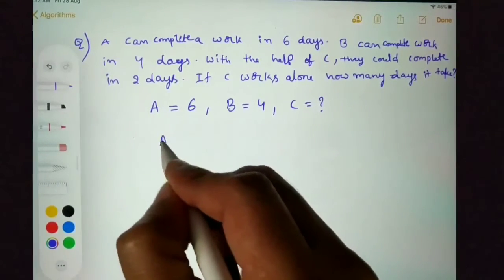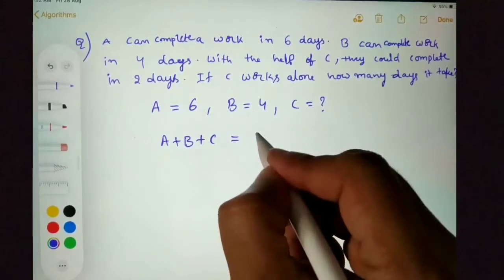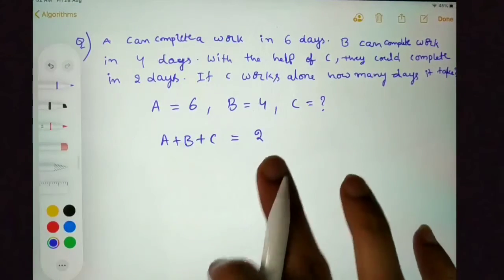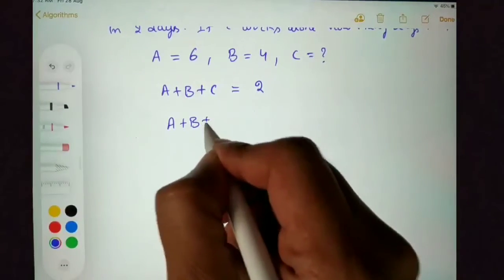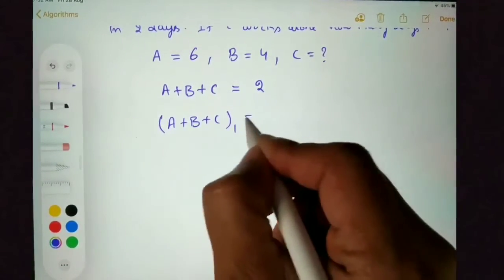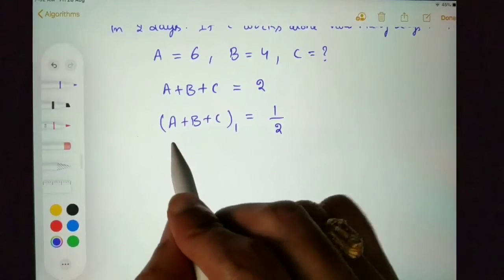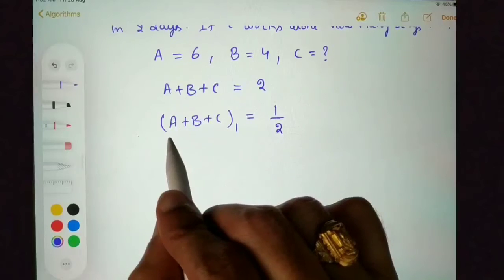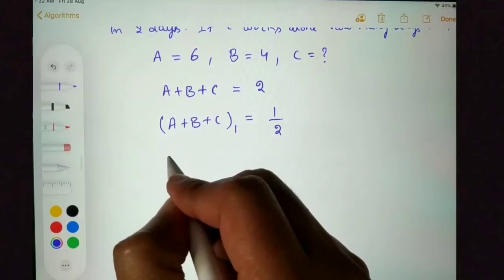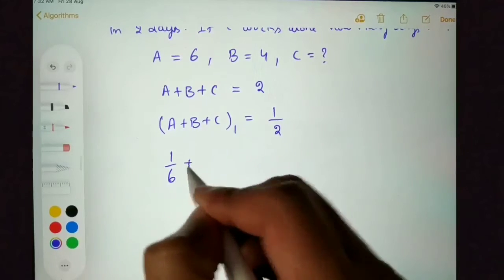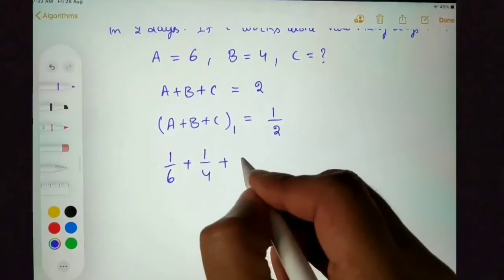A plus B plus C together can complete the work in 2 days. Then A plus B plus C's 1 day's work will be 1 by 2. Now we already know A's 1 day's work and B's 1 day's work. A's 1 day's work will be 1 by 6 and B's 1 day's work will be 1 by 4, plus C's 1 day's work we don't know.